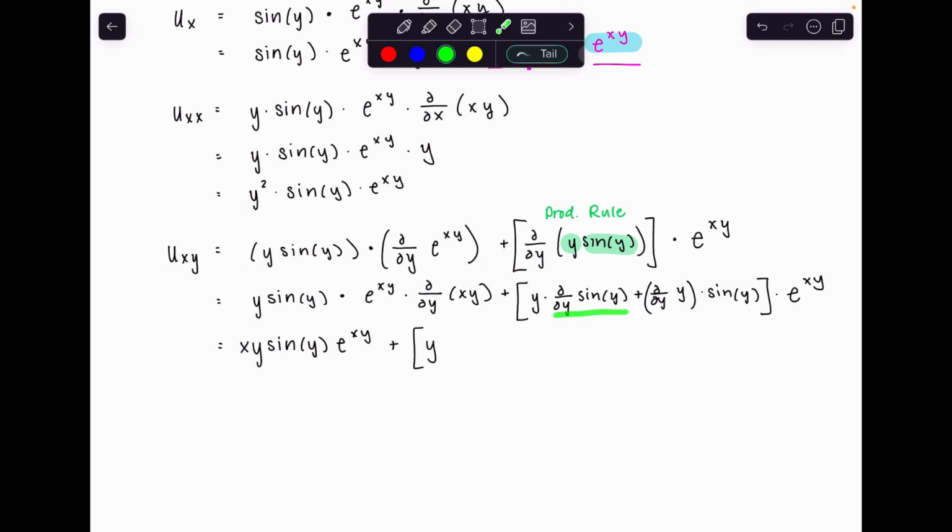Then derivative of sine of y is going to be cosine of y. And then derivative of y is 1, so we get sine of y. And then e to the xy. Okay, so that is one of our mixed partials. And I'm hoping that this is exactly the same if I switch the order that I differentiate these.